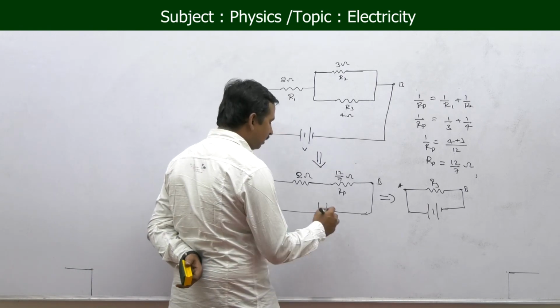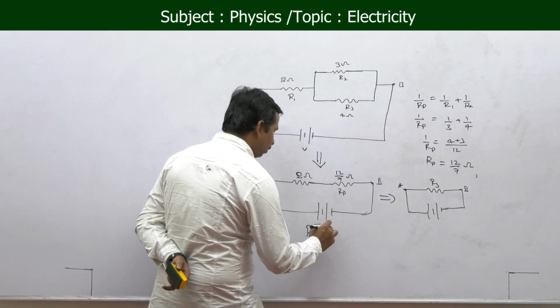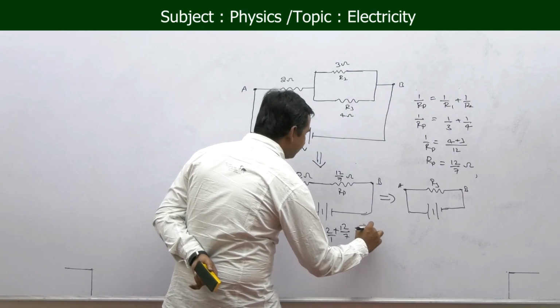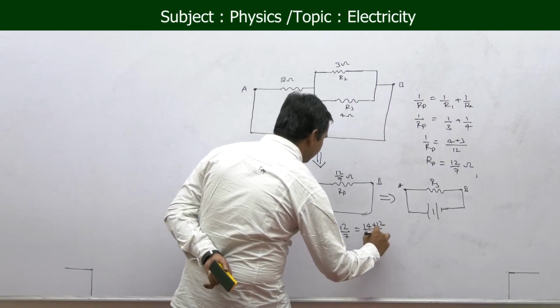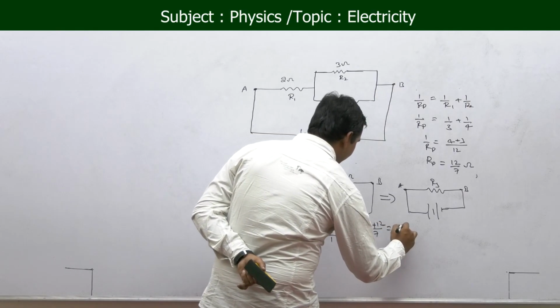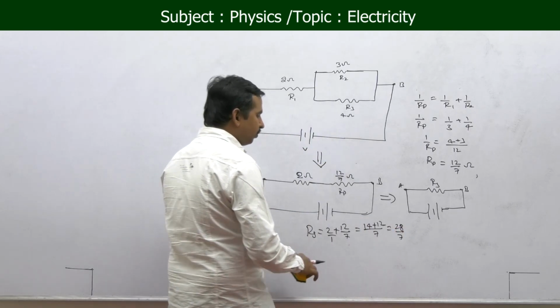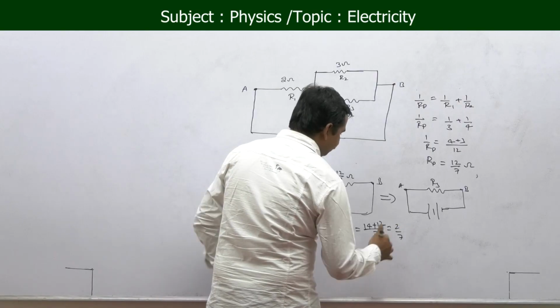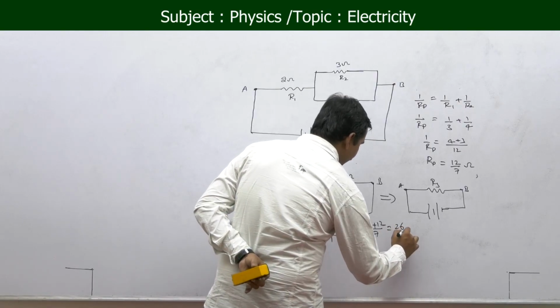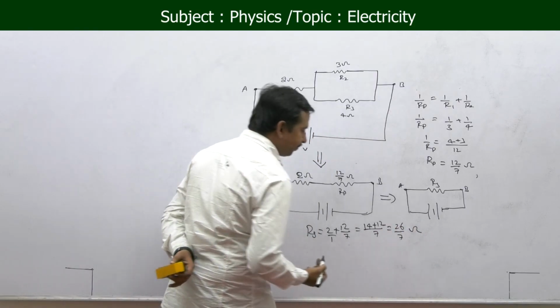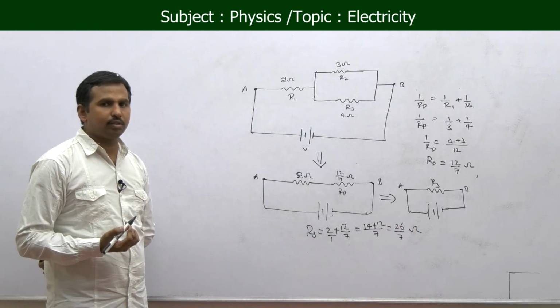Rs is equal to 2 plus 12 by 7. Taking the LCM, 14 plus 12 by 7, which is, sorry, 26 by 7 ohms. This is the final resistance we got.